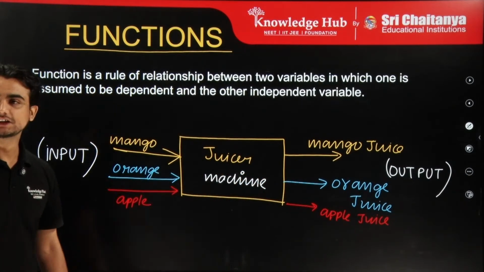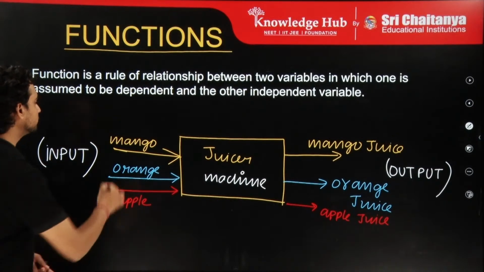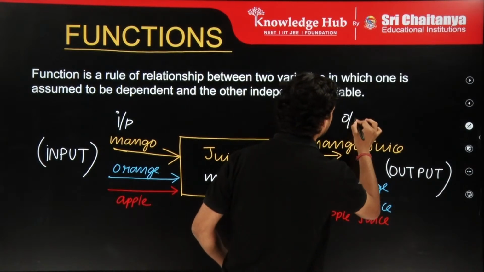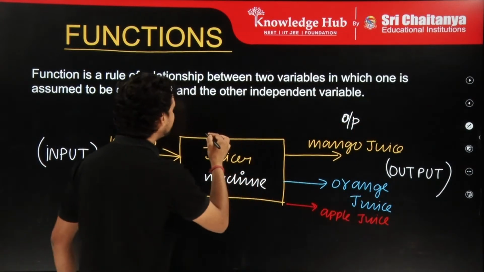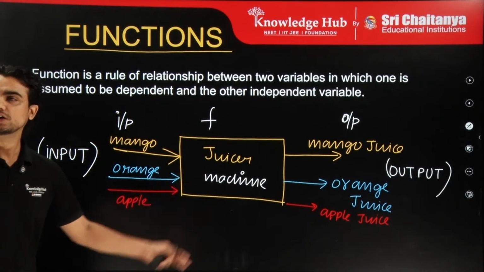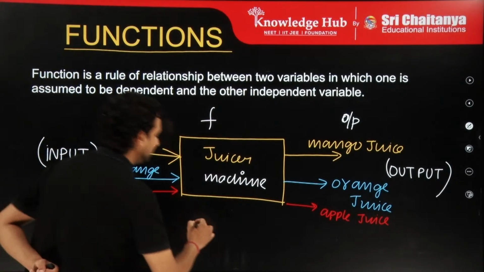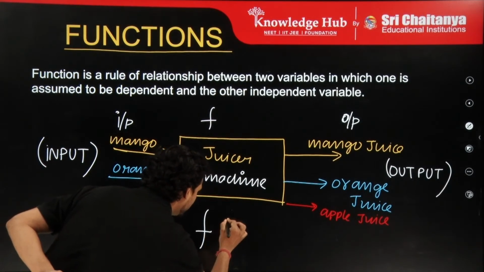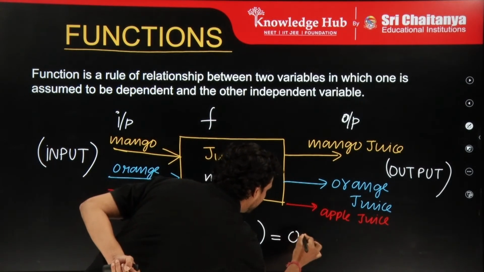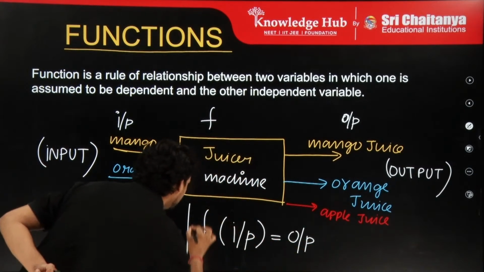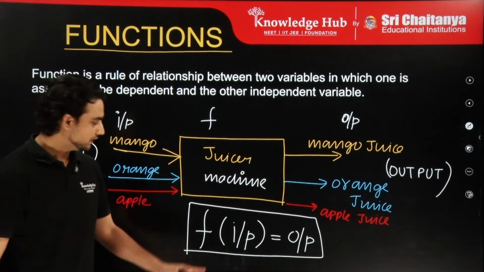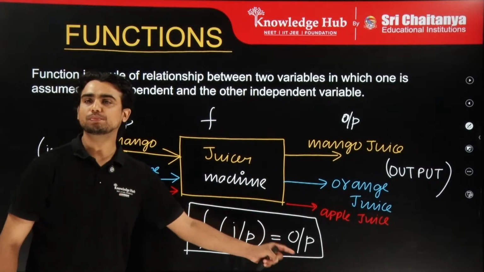In this machine, if I want to write in terms of mathematics, this is my input, this is my output, and this machine I'm representing by F. So in terms of maths, if I put an input in my machine, I will get an output. This is what a function means: in my function, if I put some input, I will get an output.